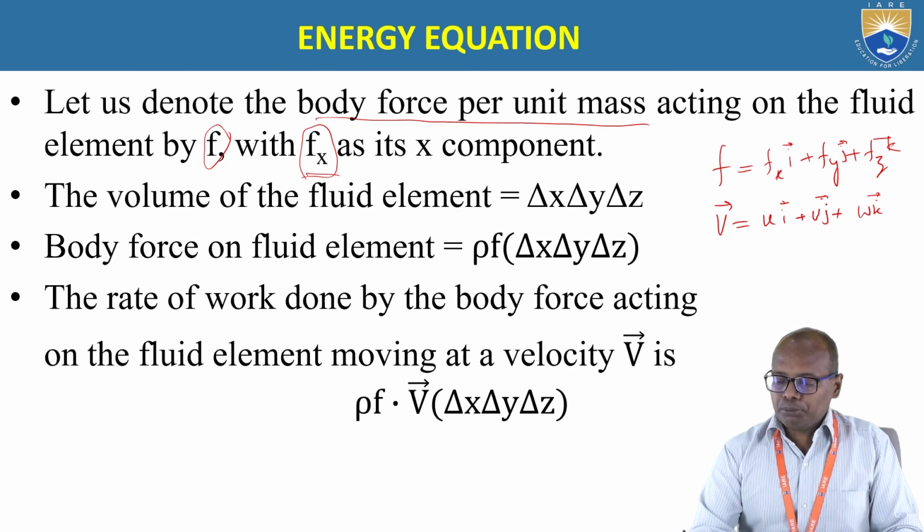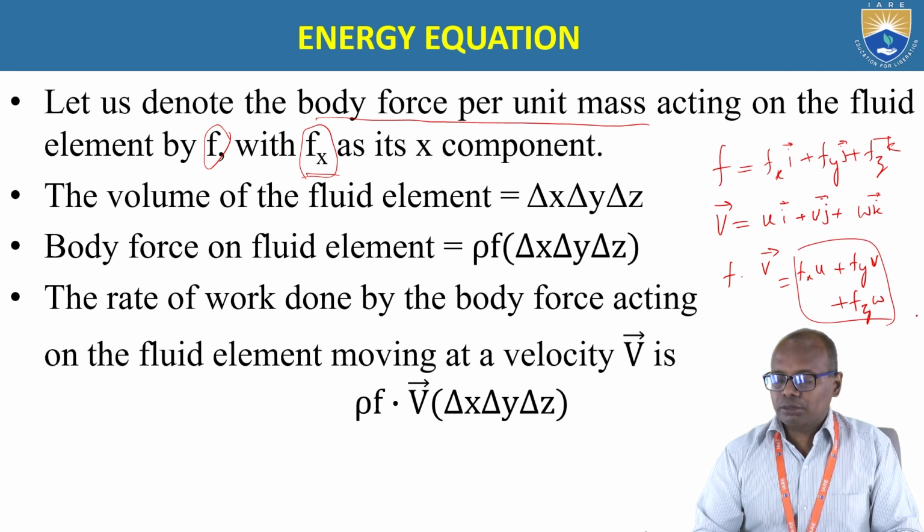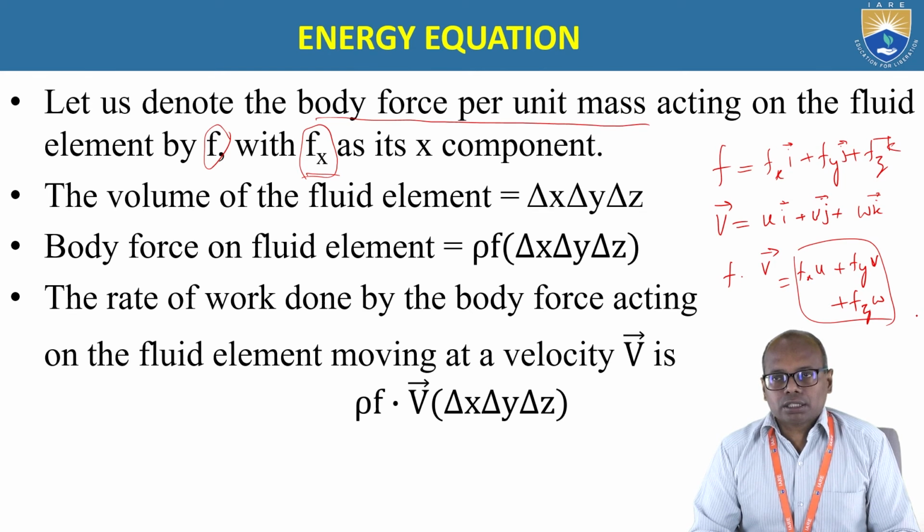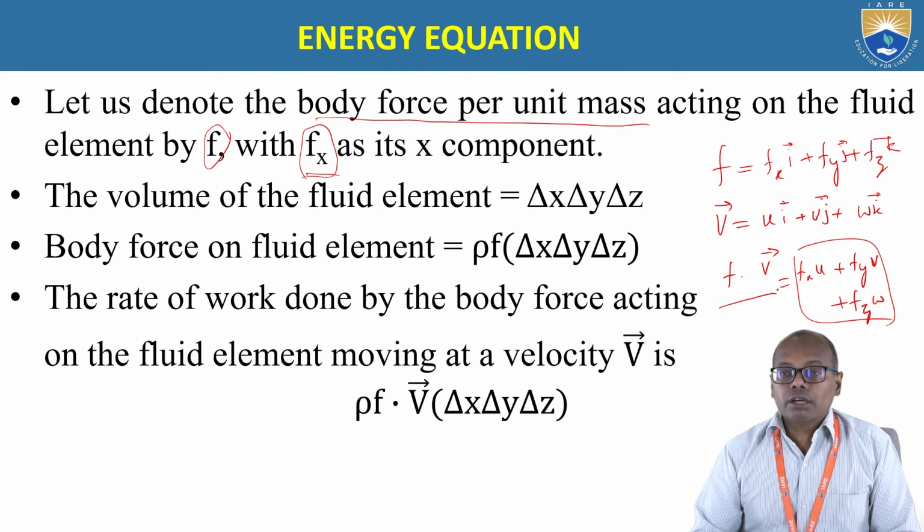Now if I put F dot v bar, what will I get? I will get Fx into u plus Fy into v plus Fz into w. So this is the total work done by the body force in three directions, and this can be written in a vector form like this. So that is what we are writing.